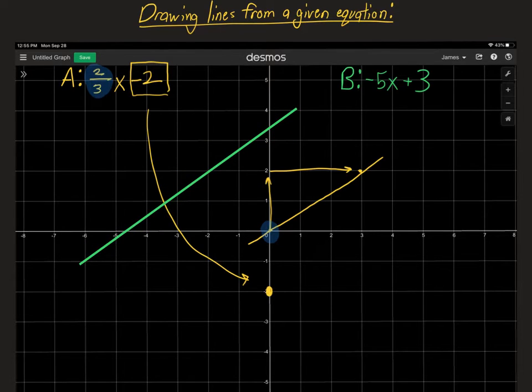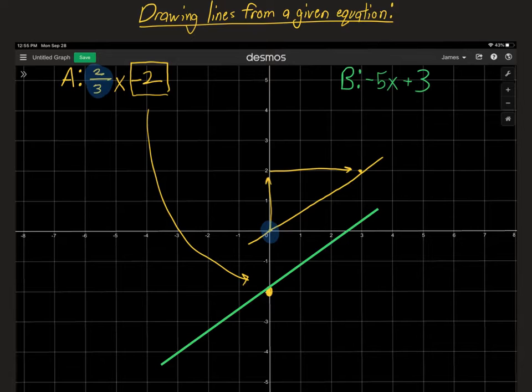I want to be able to move this guy. There we go. Maybe I start him here, but maybe he should have been here with a y-intercept of 1, or maybe he should be here, or maybe he should be here. We don't really know where to place the line, and this is where it should have been with a y-intercept of -2. We don't know where it should go unless we know where to start it, okay?